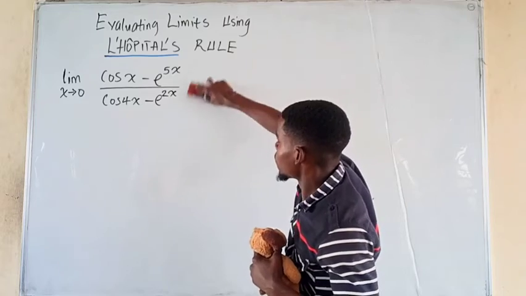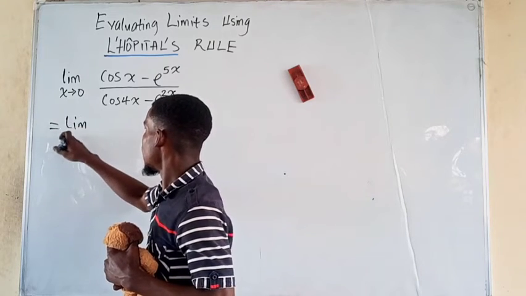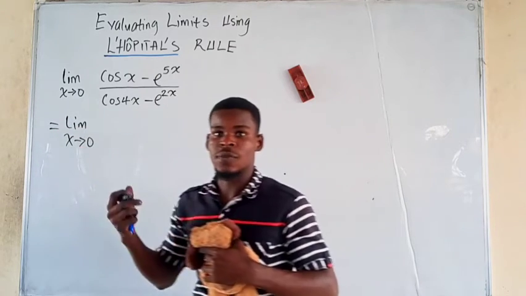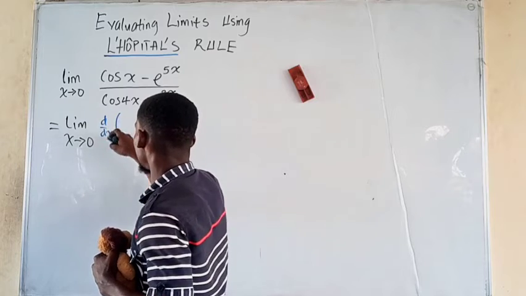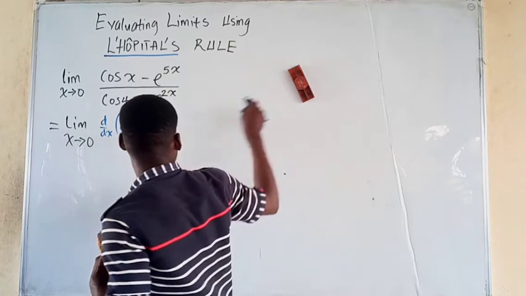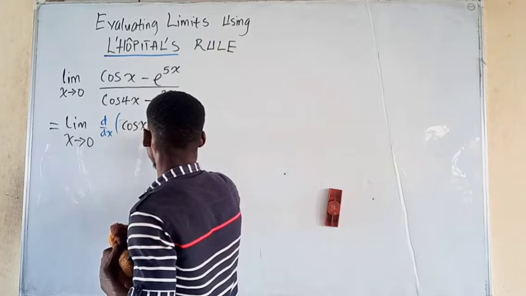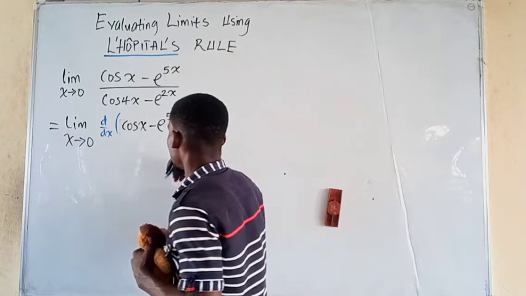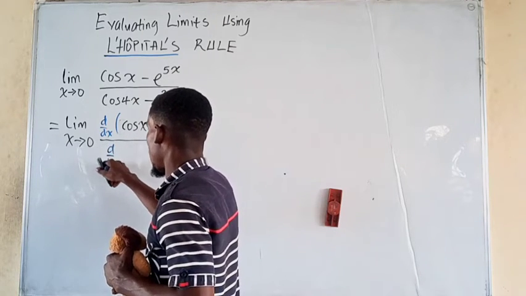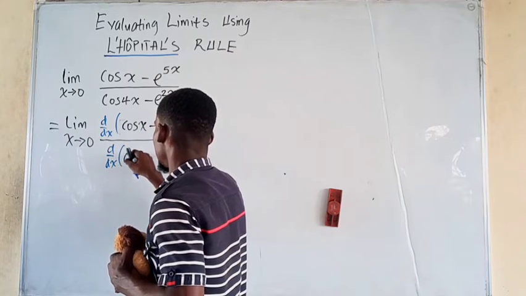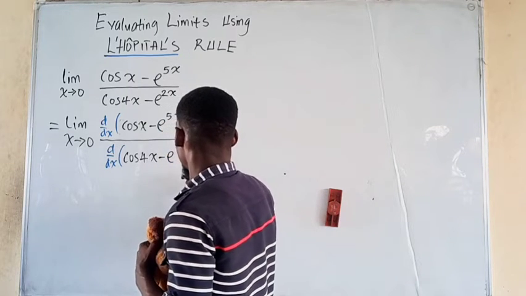L'Hopital's rule tells us that the limit of this function is the same thing as the limit as x tends to 0 of the derivative with respect to x of the numerator, which is cosine of x minus e raised to the power of 5x, divided by the derivative with respect to x of the denominator, which is cosine of 4x minus e raised to the power of 2x. Good. So that is from L'Hopital's rule.